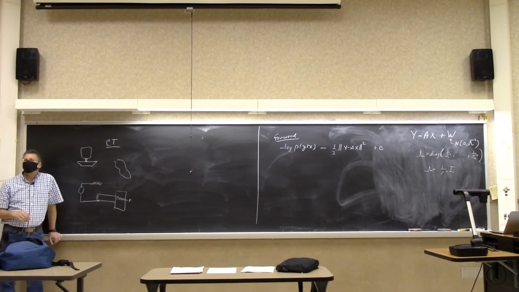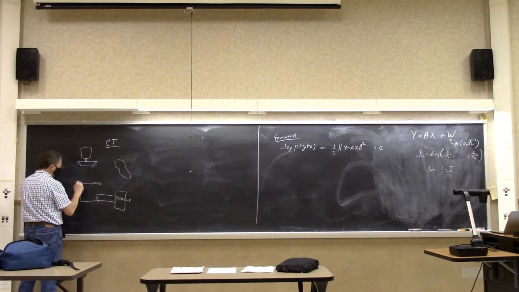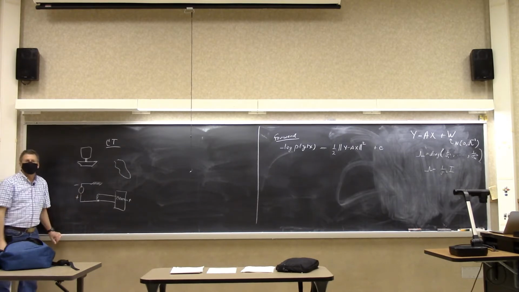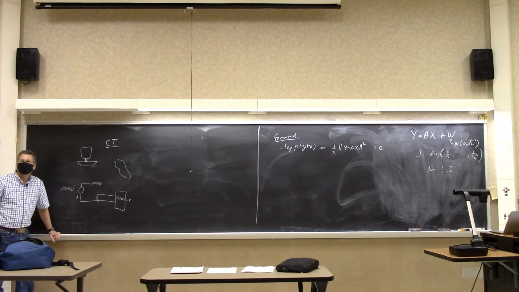Electrons are negatively charged, right? So if you have an electric field, they're going to go in the opposite direction of the electric field, correct? So it's like this. This might be, I don't know, 100 kilovolts, a high voltage source.